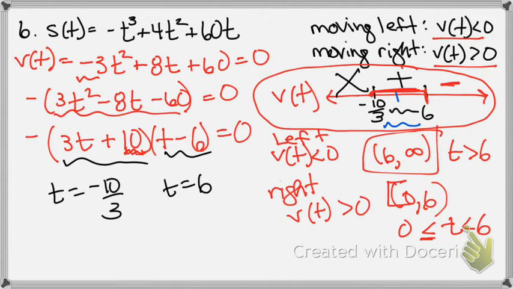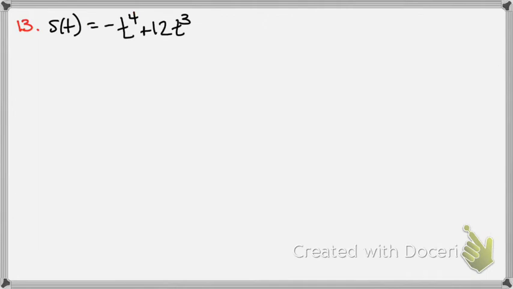Okay, moving on to one more, maybe number 13. This is probably the most time-consuming one because this is the one where they want you to tell whether the particle is slowing down or speeding up. And that one requires two sign charts, velocity and acceleration.